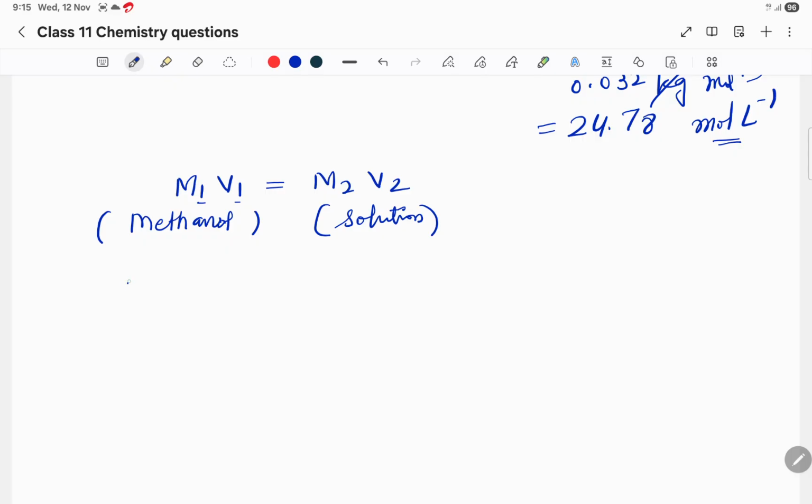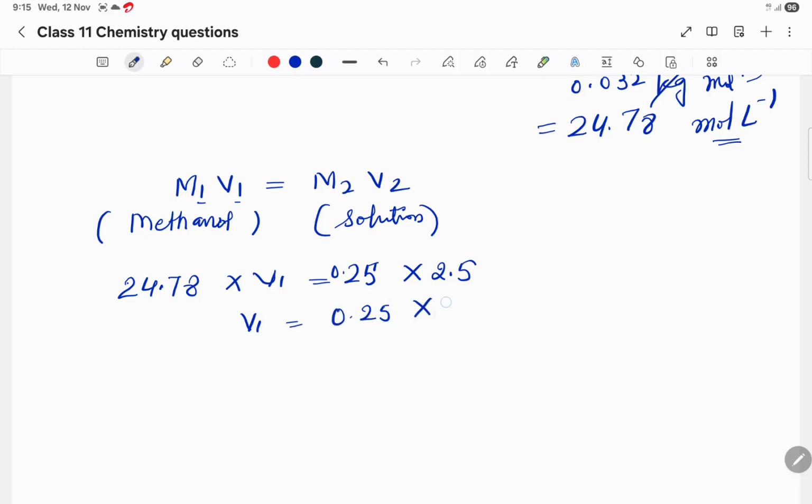Molarity of the methanol was 24.78 into V1 is equal to M2 was 0.25, and volume was 2.5, right? So we can calculate V1 from here.